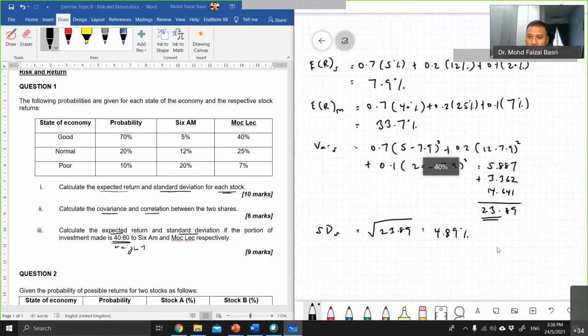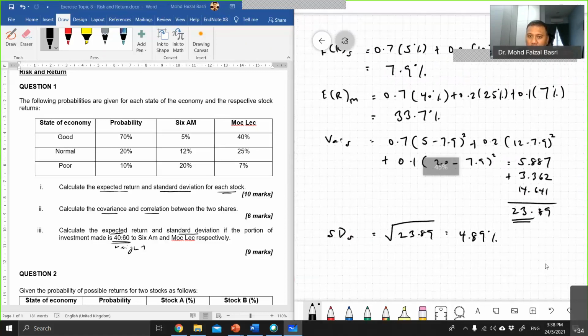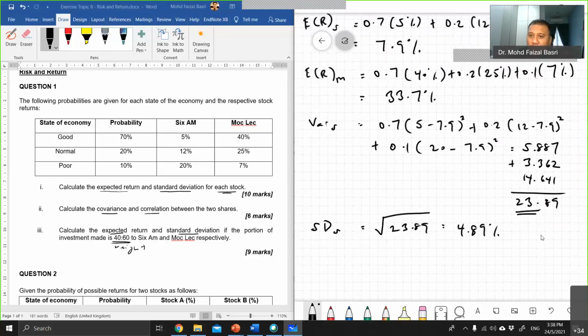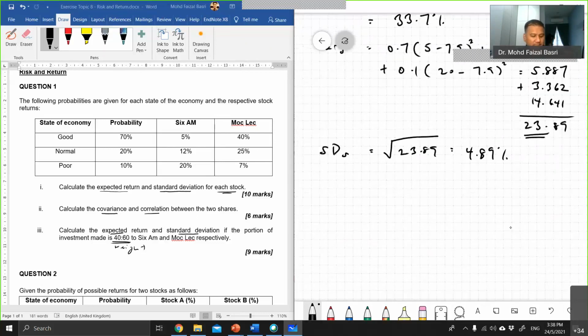Any questions? If you have any queries, just let me know. So we move on now to variance for stock M. We have the same weightage, 0.7.